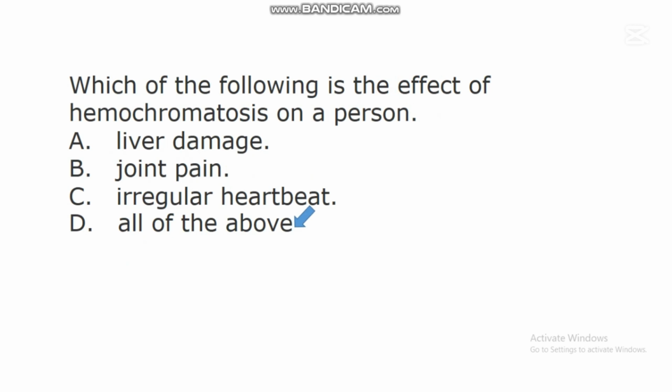When an individual has this hemochromatosis, when there is excess iron in the body system of an individual, that excess iron can cause liver damage. Excess iron can also cause joint pain, and studies have shown that when the level of iron in the body is above normal, it can also trigger irregular heartbeat. All these things are different effects of iron overload or hemochromatosis on a person.